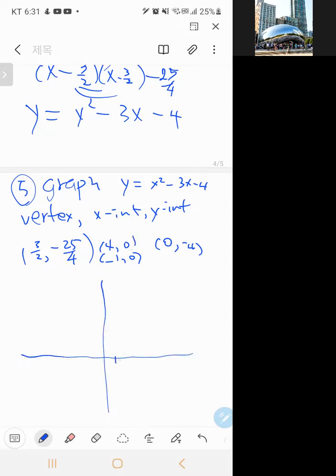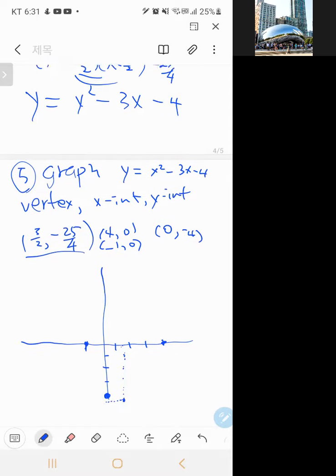We have 4, 0, negative 1, 0, and negative 4 on the y-axis. And then this is the vertex. 3 over 2 is like 1.5, and then negative 25 over 4. 4 times 6 is 24, so it's a little bit below negative 6. So 1.5 and then a little below 6, and that would be our vertex.